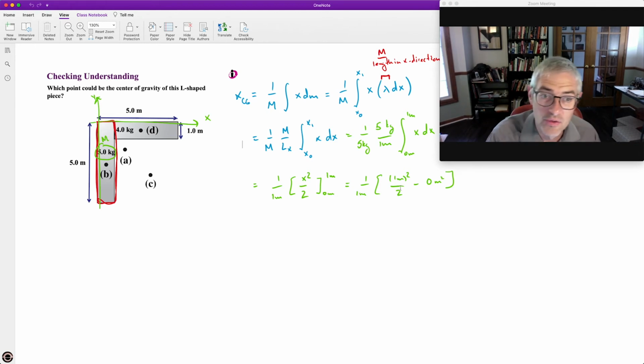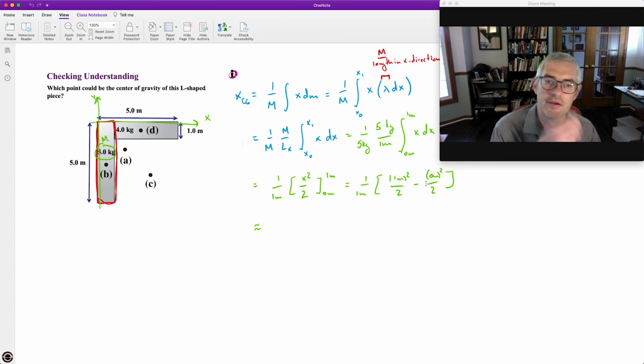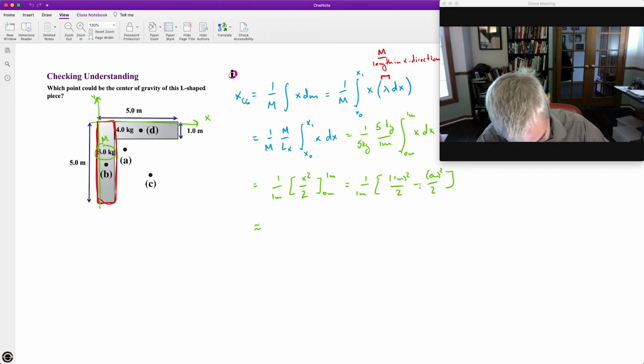Okay. Once you plug in, I'll be a little bit more careful. So I go right here, 1 meter squared, that gives me 1 over 2. And I'm left with 0.5 meters.